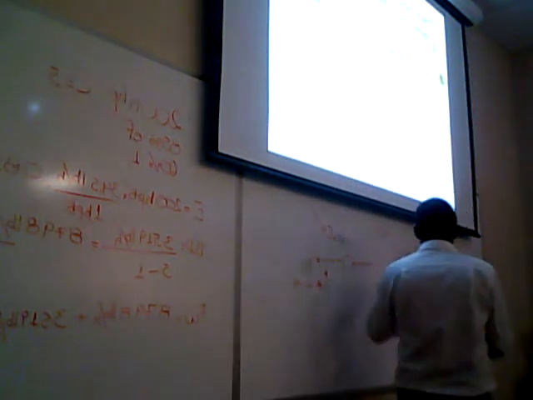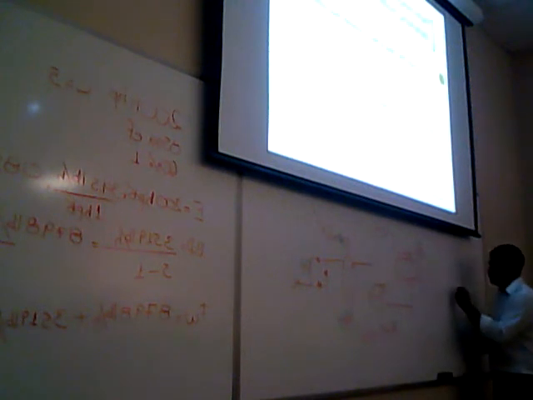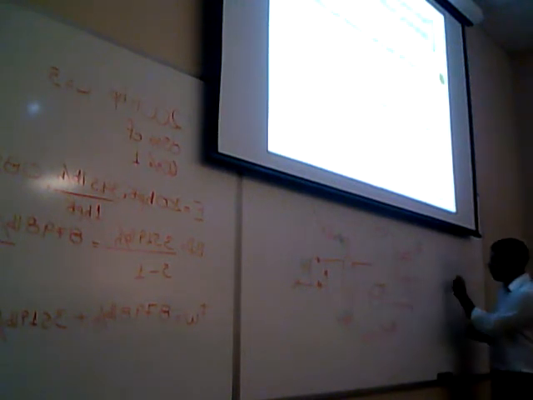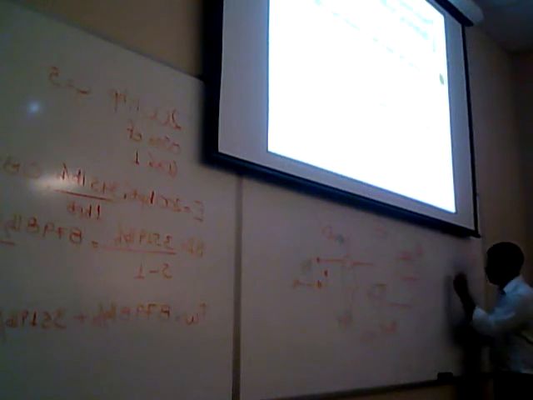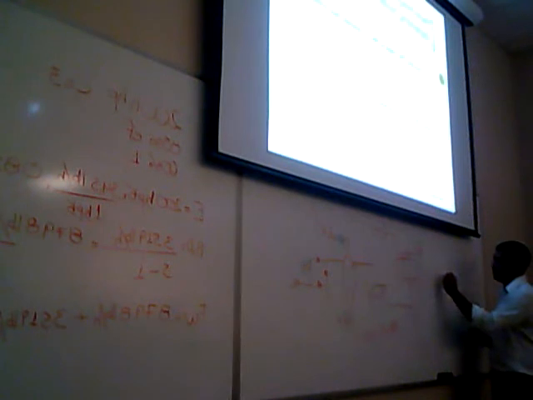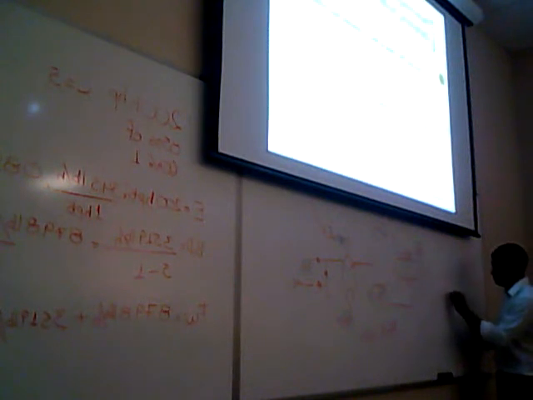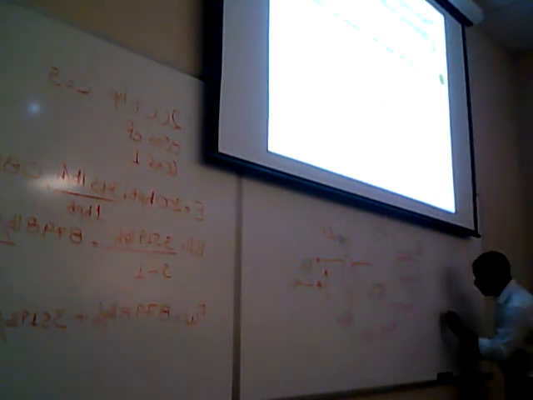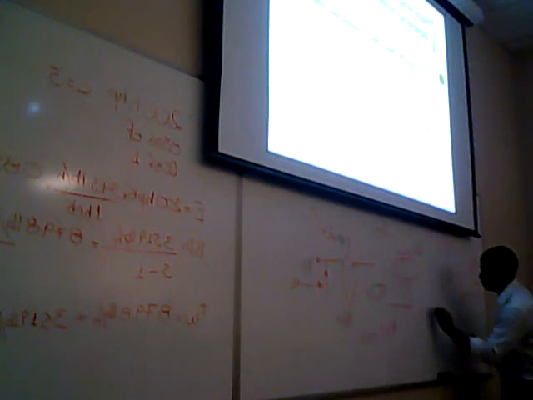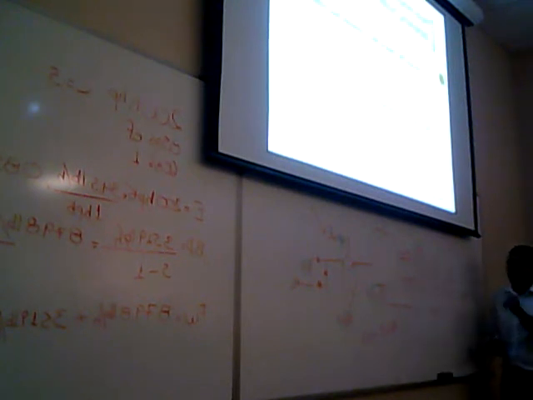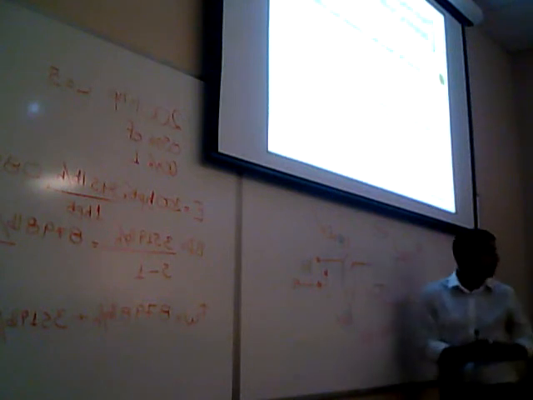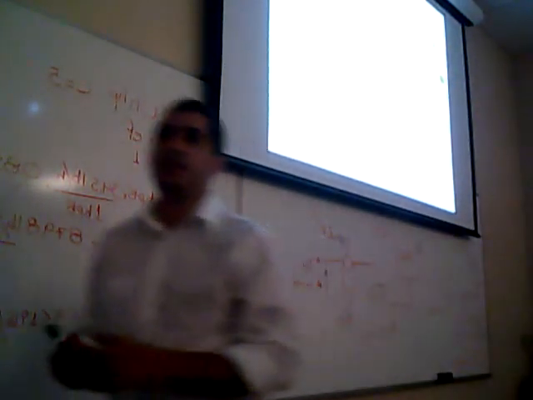If you have two lines, and this is L, and you have the flow in this direction, L is going to be E plus P. That's the conservation. If you know that rule, it's going to be easier for you.